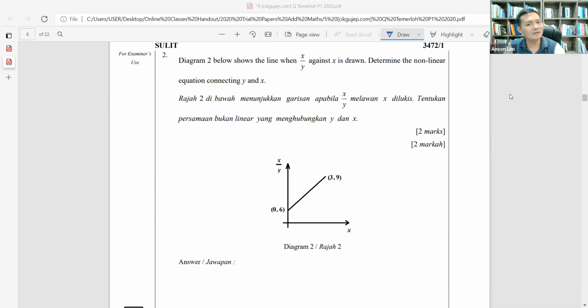Can y'all tell me what is the answer? Determine the nonlinear equation connecting y and x. How to do it?